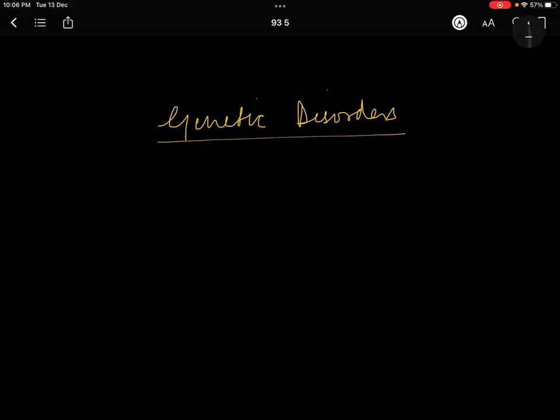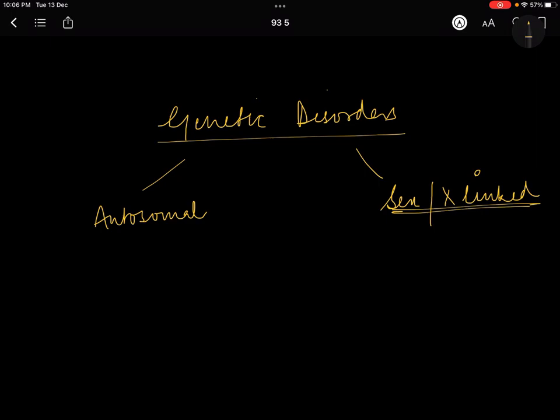Genetic disorders can happen in your autosomal chromosomes, and they could also happen in your sex chromosomes, or mostly it is the X linked, because very few genetic disorders are in the Y chromosome. I told you, because X encodes more genes, more genetic material is there, that is why X linked diseases are more, right?